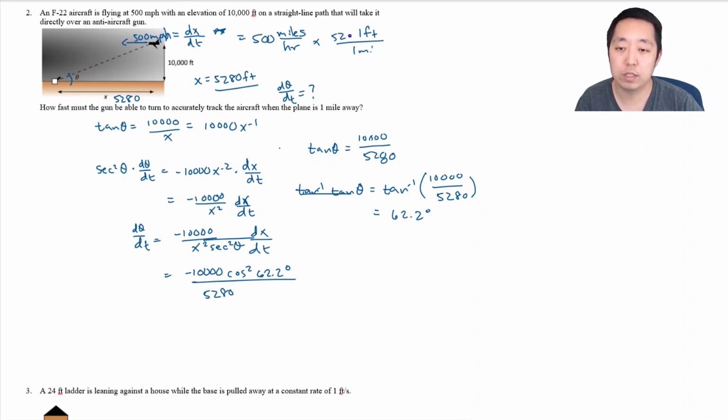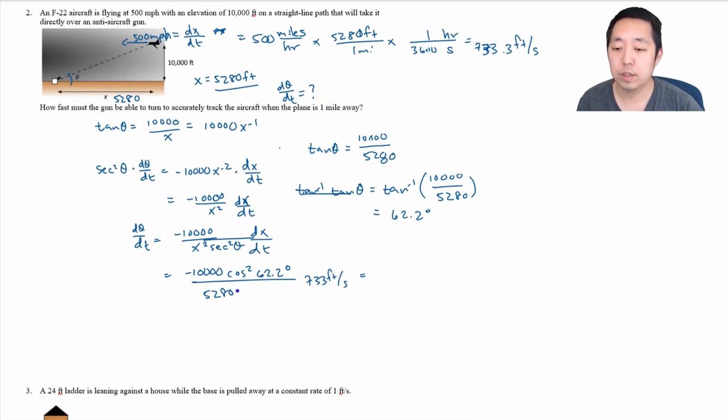So this is 5,280 feet in 1 mile. And then I want seconds on the bottom, so I need hours on the top to cancel. So that's 1 hour is 3,600 seconds. So this is going to be 500 times 5,280 divided by 3,600. I get 733.3 feet per second. Okay, so then I'm going to multiply by 733 feet per second.